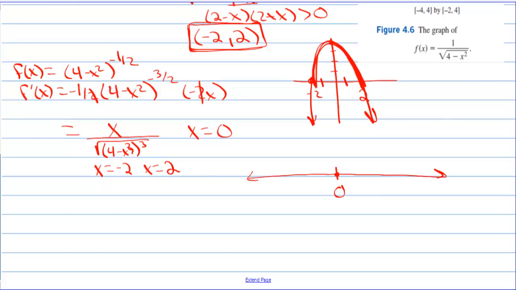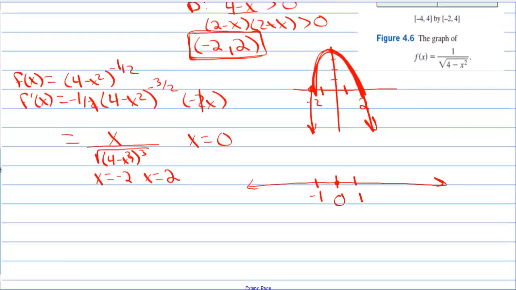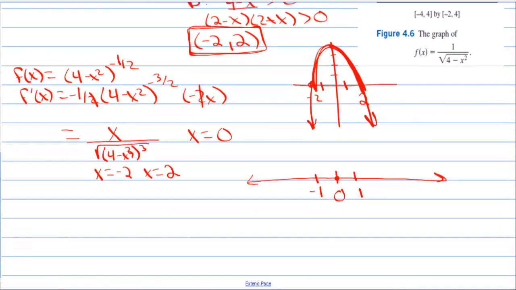And then we can plug 1 in, and we can plug negative 1 in. Now we can't plug 2 and negative 2 in to the derivative because it's not defined there. If we plug negative 1 in, we get negative 1 over the square root of 4 minus 1 squared to the third, which is negative 1 over the square root of, it would be 3 to the third, that's 27, but more importantly, this is negative.